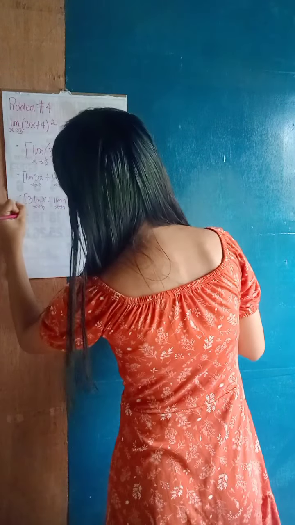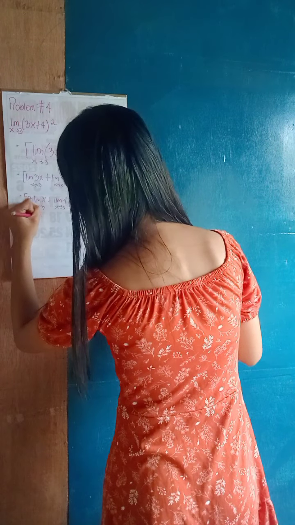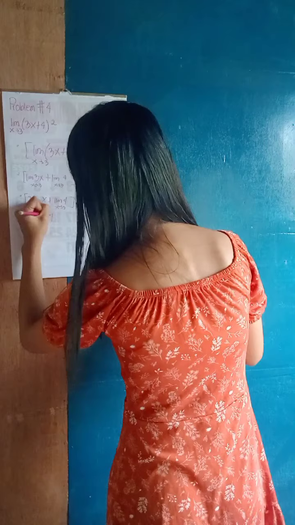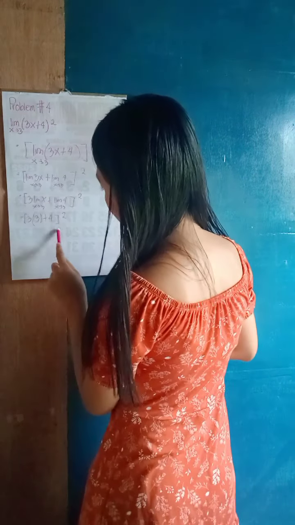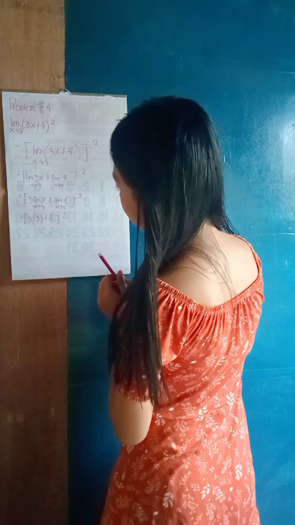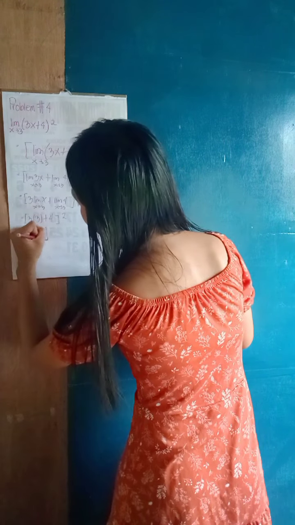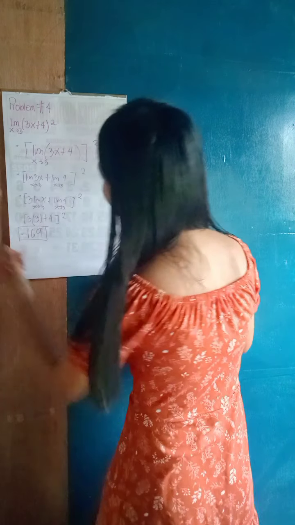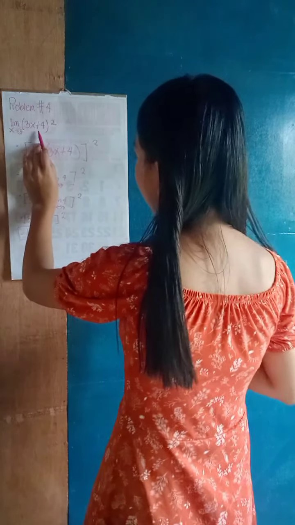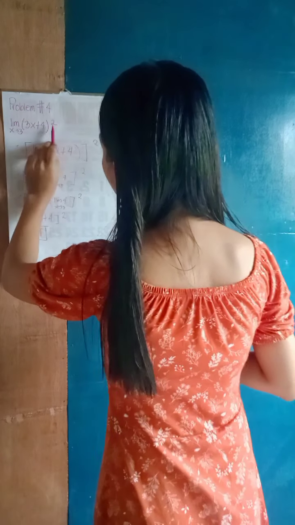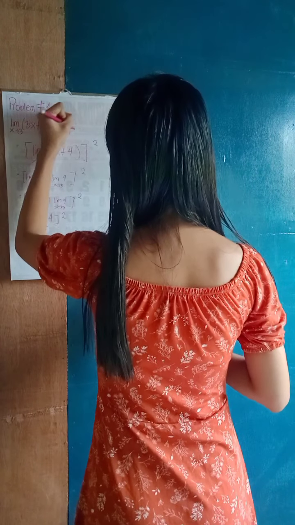So this will become 3 times 3 plus 4, since 4 is constant, to the power of 2. So the answer is 169. The final answer for limit 3x plus 4 to the power of 2 as x approaches 3 is 169.